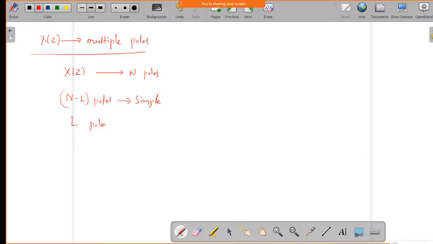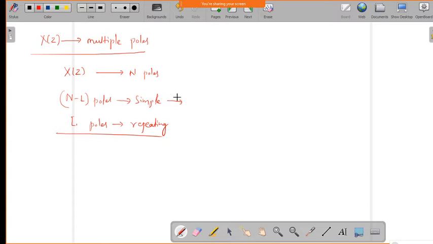Say for example, these n minus l simple poles are situated at z equal to beta.